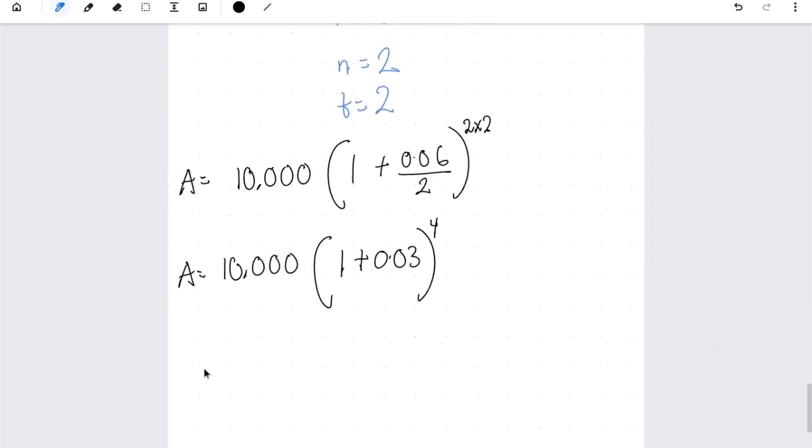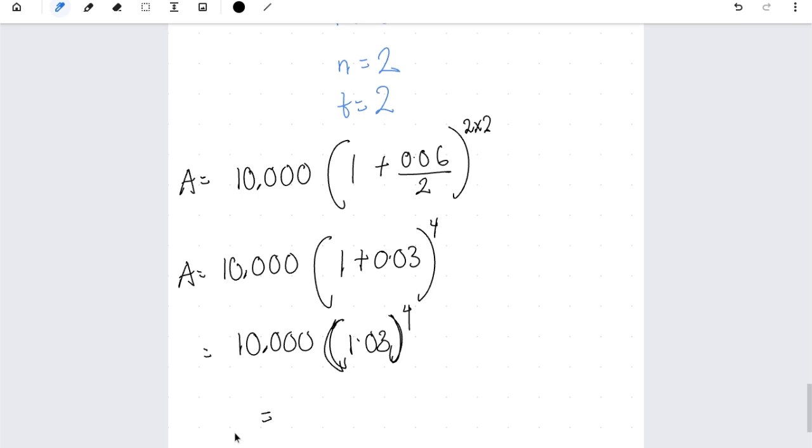So we continue. The amount is equal to 10,000 bracket 1 plus 0.03, that's 1.03 to the power of 4. Sorry that my bracket is like this. But all right, so we have 10,000 bracket 1.03 to the power of 4.